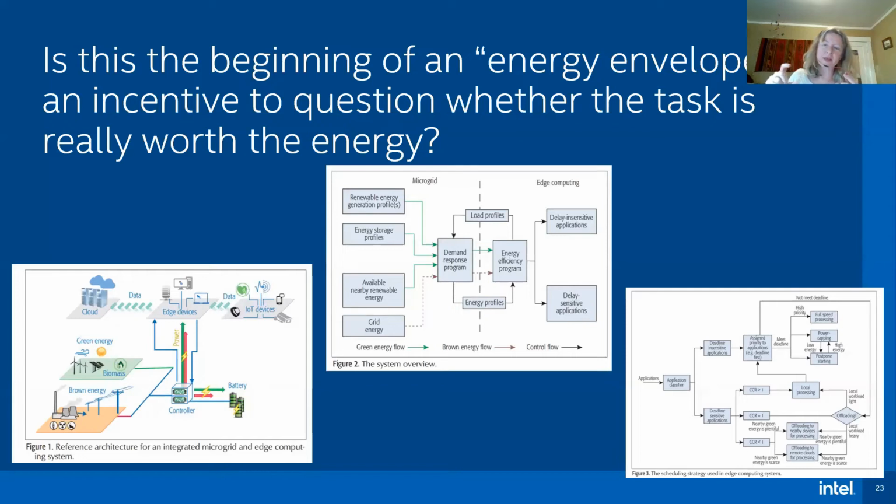And so one of the things I think this might afford us the opportunity to do is to start building into computing systems some notion of an energy envelope. You'd have to ask: when is my energy available? How much of it am I going to get? Where do I have to be doing this computing?